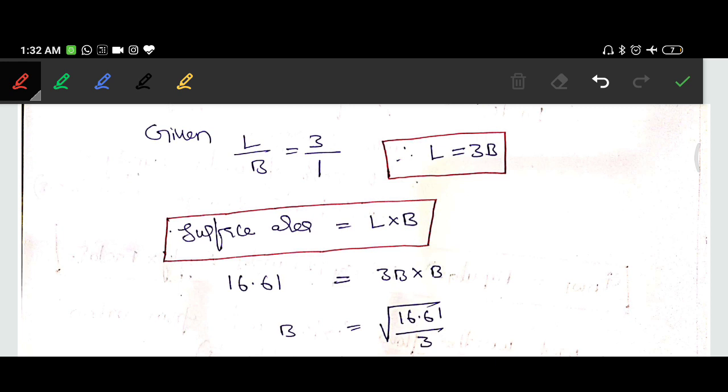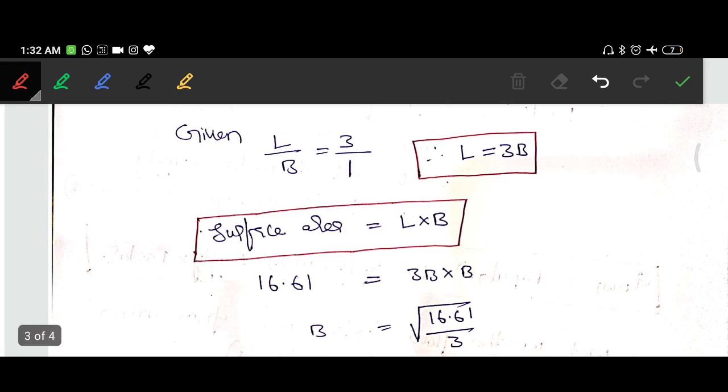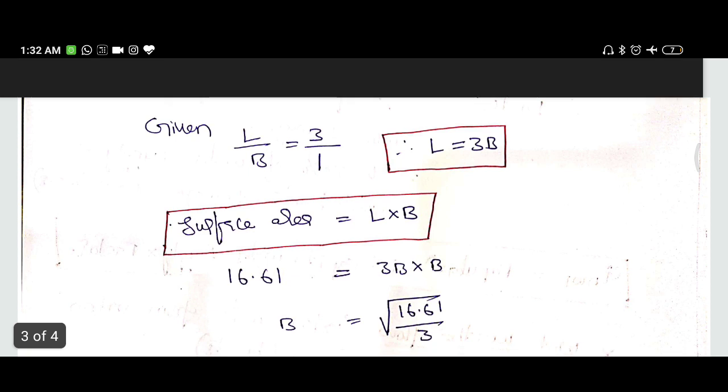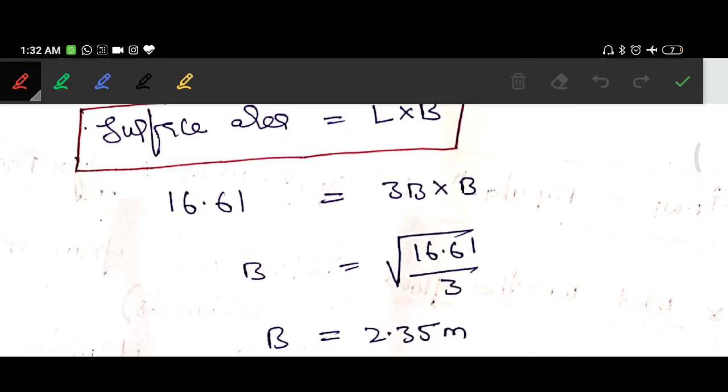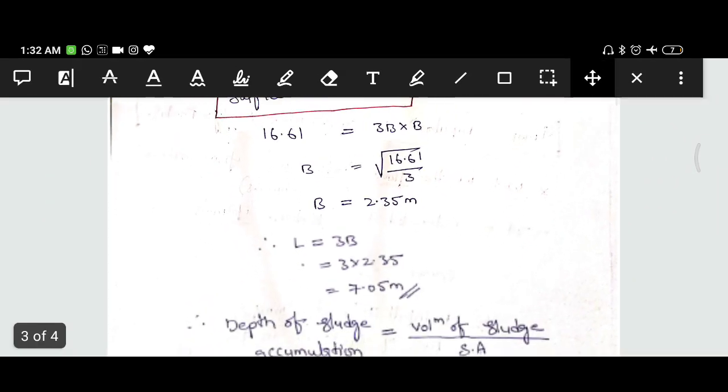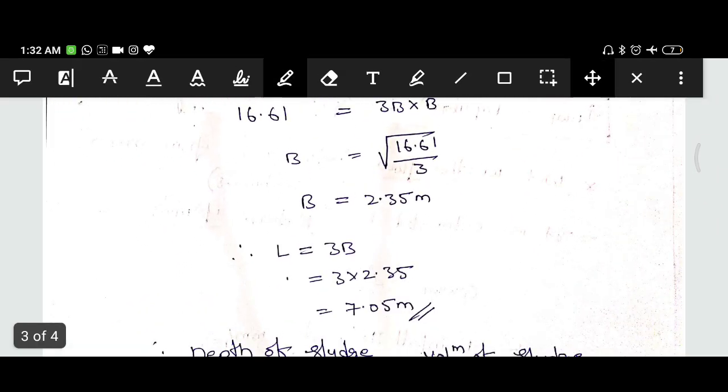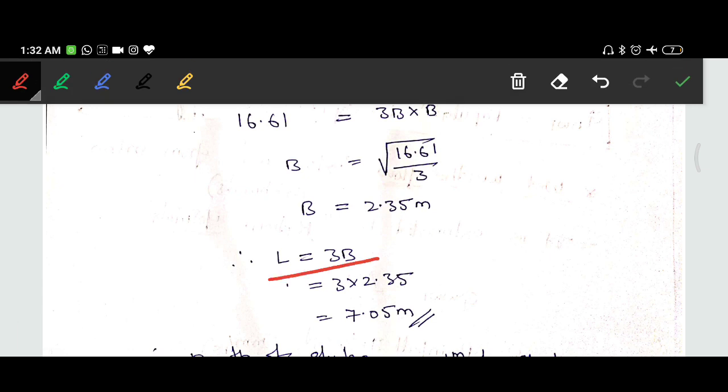From that we get the B value. B equals the square root of 16.61 by 3, so we get B as 2.35 meters. From that we can find L equals 3B, 3 into 2.35 meters, which gives 7.05 meters.